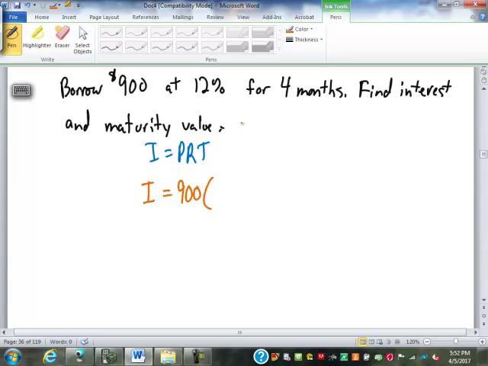Now, I'm in the habit of putting the rate in parentheses just to separate it, but you could just use the times symbol if you wanted to. What's R? 0.12. There we go. T, however, was 4 months, but we said the time is always expressed in years. Well, how do we express 4 months in terms of years? There are 12 months in a year. It's 4/12.